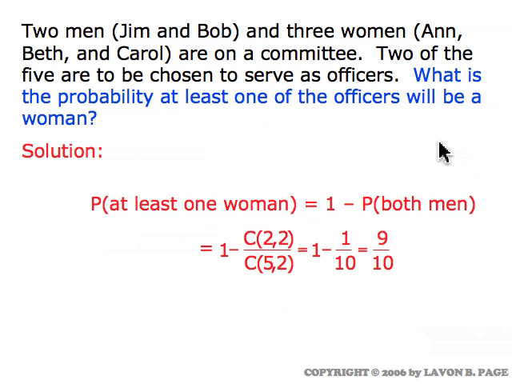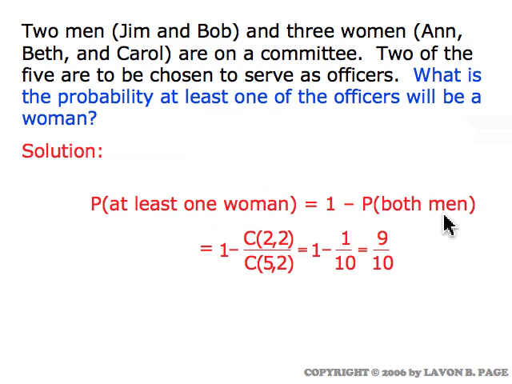Let's now switch over to the question, what's the probability at least one of the officers will be a woman? This is another one of those cases where it's an easy way to do the problem to turn around and look at the complement. What we want to know is the probability at least one is a woman. That's 1 minus the probability of the complement event, and the complement of saying at least one is a woman is to say that they're both men.